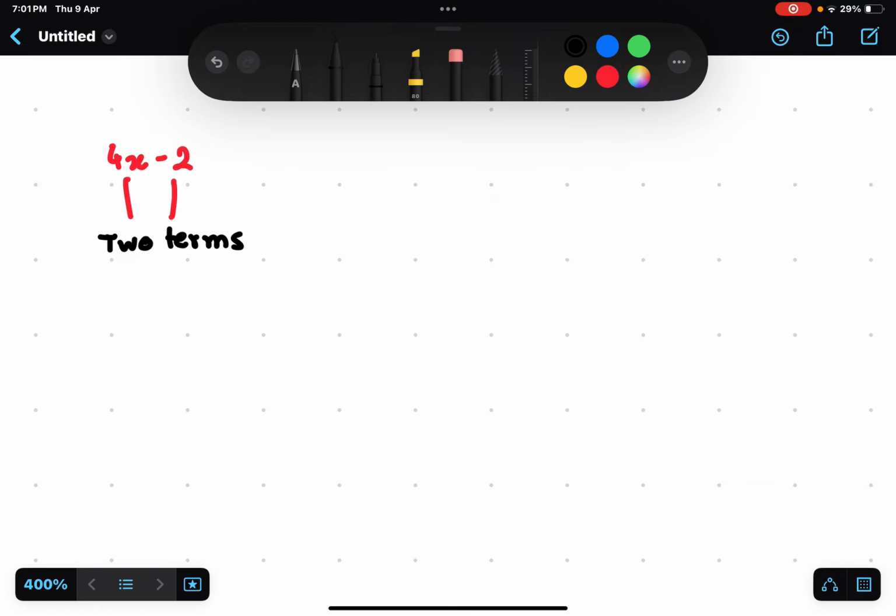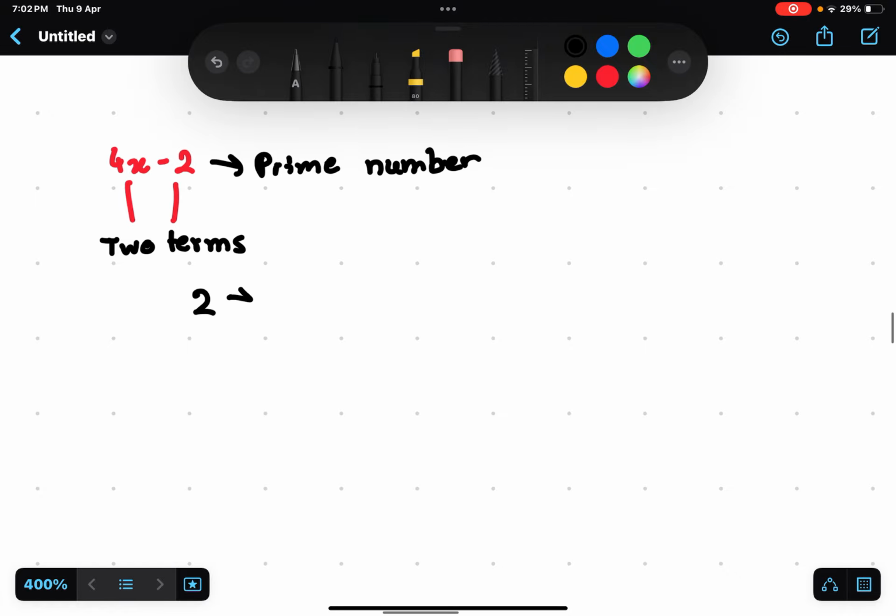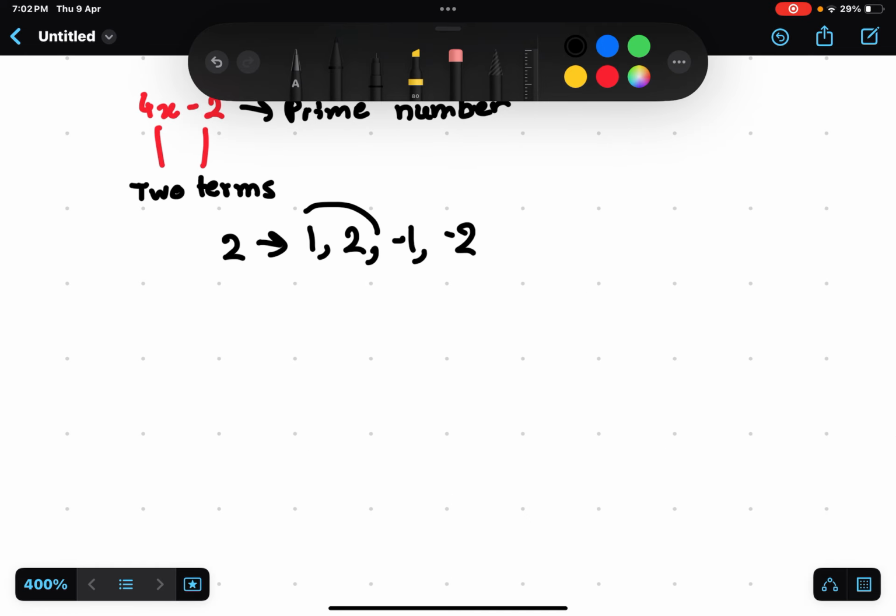First of all, 4x can be a little bit trickier than looking at the factors of 2, because what we know about 2 is that 2 is a prime number. If it is a prime number, it means that 2 has only two factors, 1 and 2, and since this is negative 2, it would also have negative 1 and negative 2 as its factors. But for now, let's just focus on the positive factors, because this number is positive.